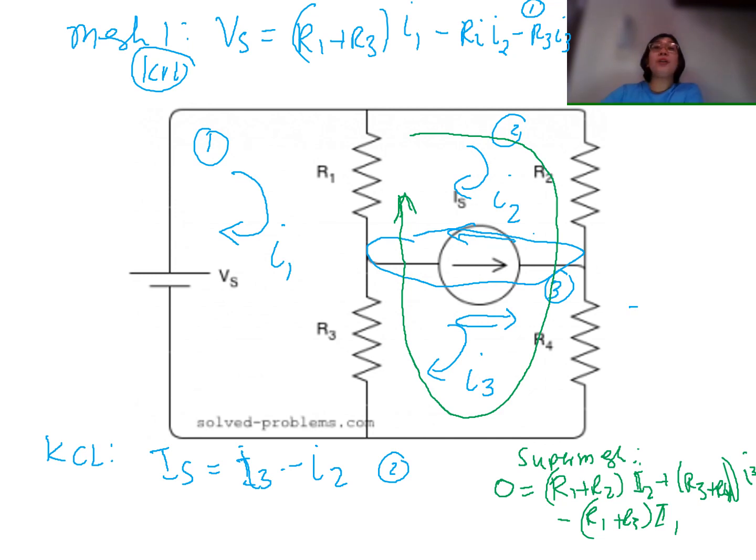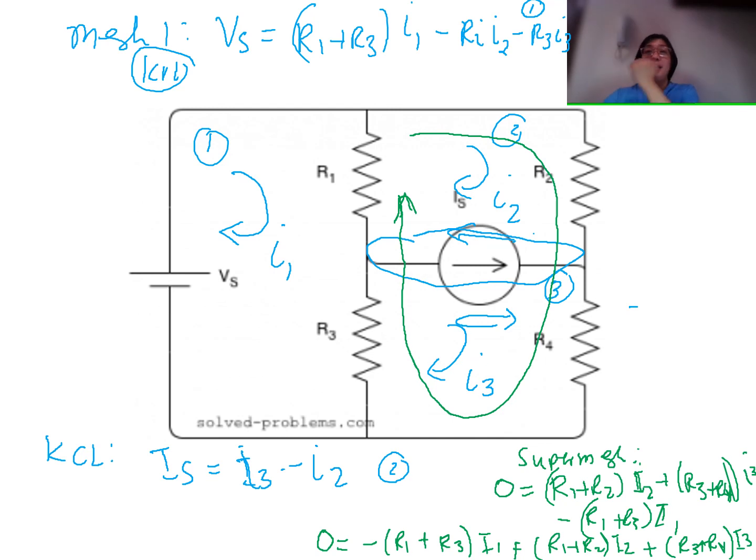To rewrite our super mesh, this will become 0 is equal to minus R1 plus R3 times I1, plus R1 plus R2 times I2, plus R3 plus R4 times I3. So this is our super mesh equation for the 3 equations.